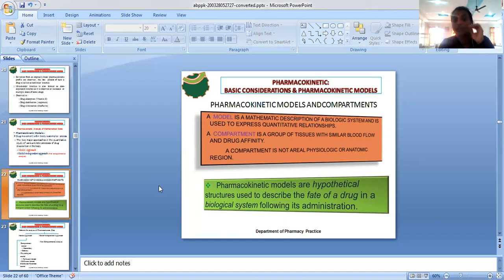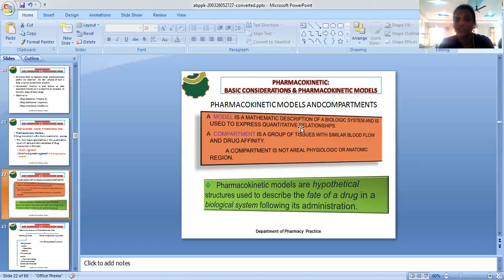First of all, a model is a mathematical description of a biological system and is used to express quantitative relationships. Suppose, in order to determine the volume of distribution, once distribution attains equilibrium, our aim is to determine one of the important pharmacokinetic parameters, the volume of distribution.